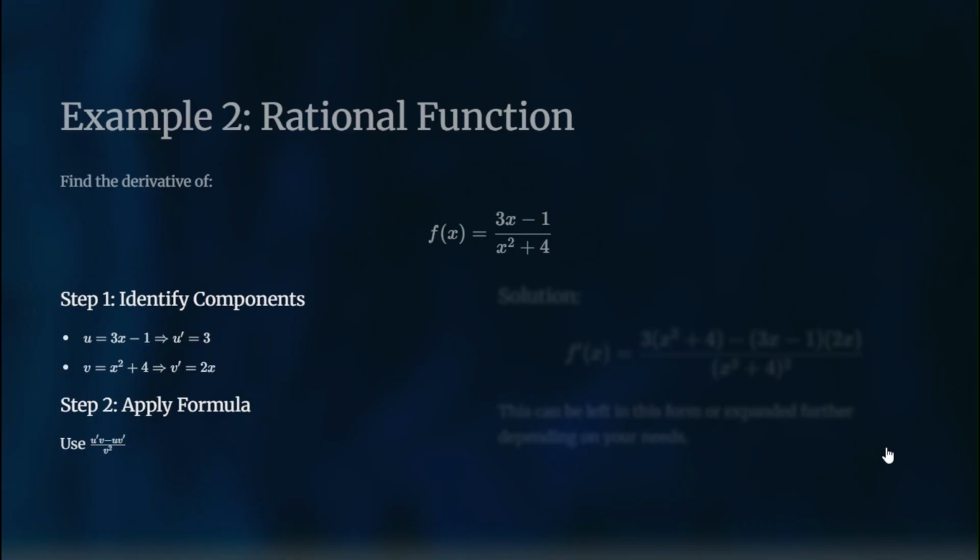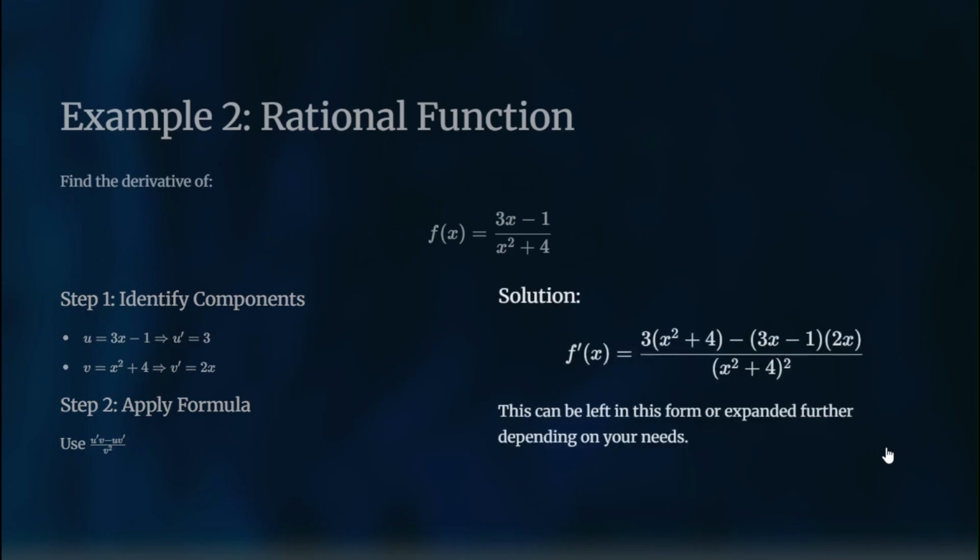Now we can apply the formula. F prime of x will be equal to derivative of u, which is 3, times v, which is x squared plus 4, minus u, which is 3x minus 1, times the derivative of v, which is 2x. Notice how every term is in parentheses, and all that divided by v squared, which is x squared plus 4 squared. So this can be left in this form or expanded depending on your needs.